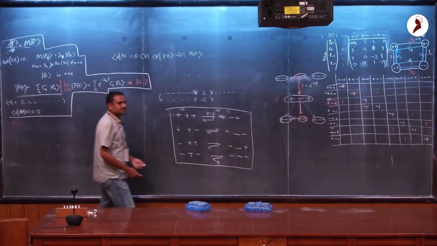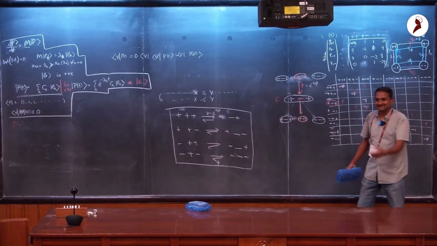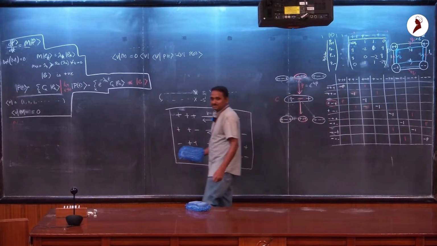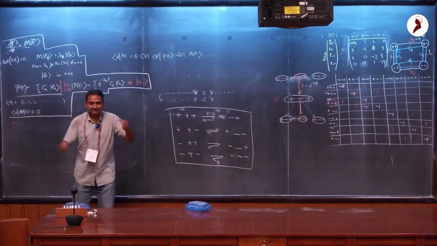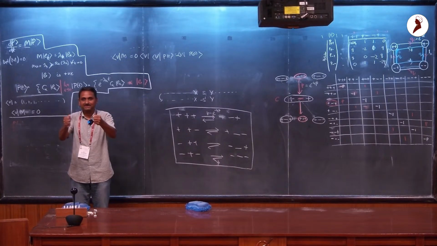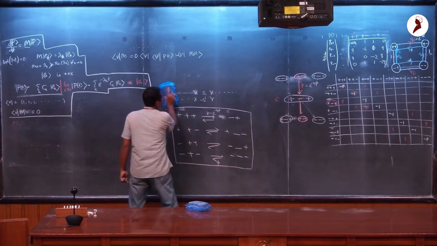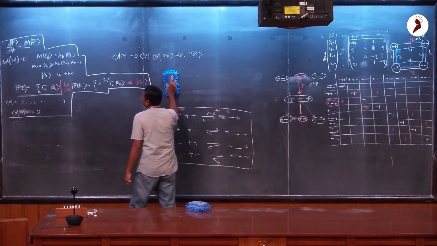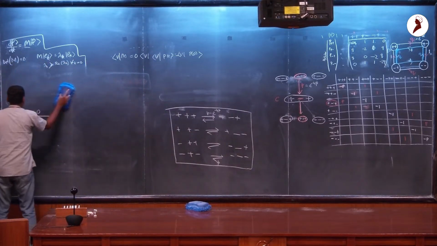Now, to describe this, like in the previous class, in quantum mechanics you use a vector product state. You have a Hilbert space, and if you have two systems, it's a direct product of the two Hilbert spaces. We will describe our configurations like that, but it's not a vector product state. We will write a matrix product state.